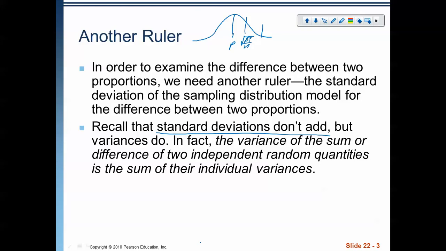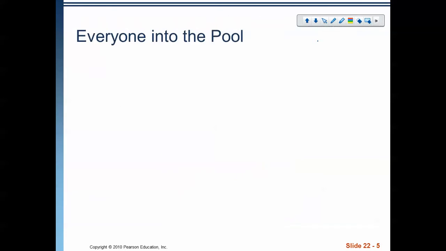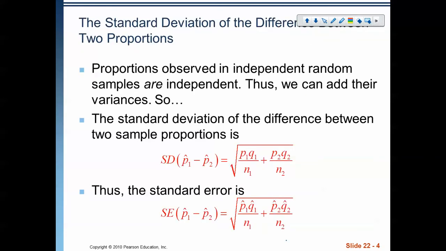So the variance of the sum or difference of two independent random quantities is the sum of their individual variances. Or to put that in equation form, we have this right here. These proportions being observed are independent, so it's okay to add the variances, and we get a formula like that.